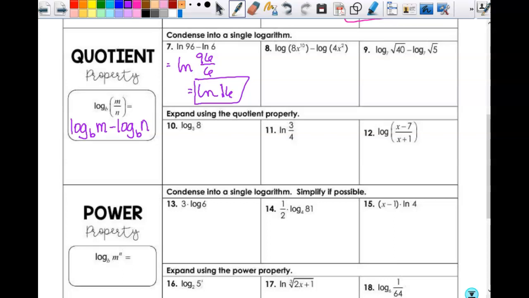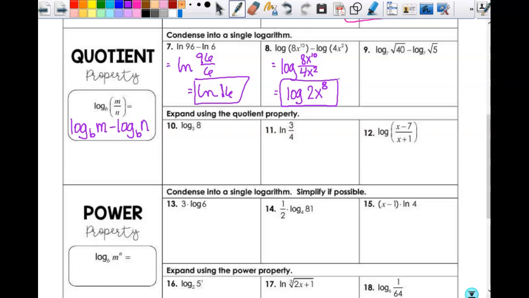All right, so then log of 8x to the 10th minus log of 4x squared is going to give me log of 8x to the 10th over 4x squared. It's going to be log of what? 2x to the 8th. Okay. We all good with that?